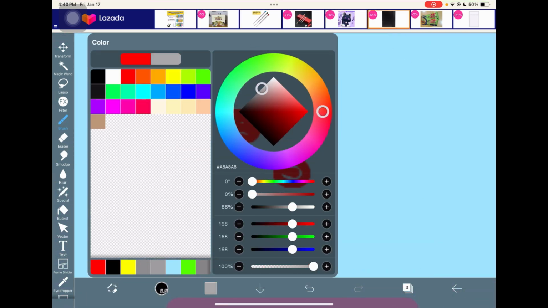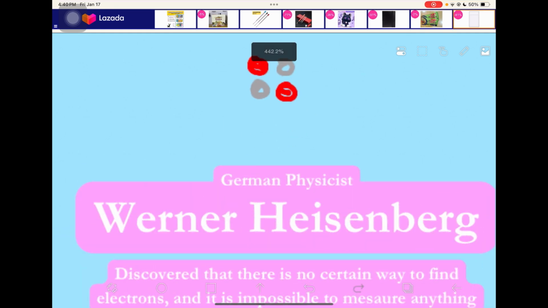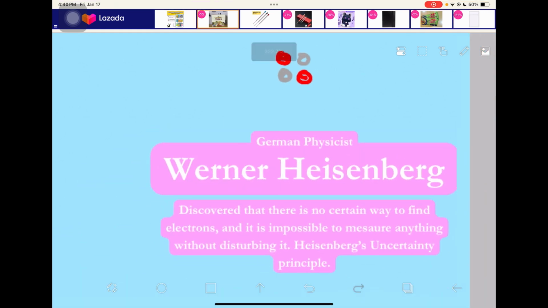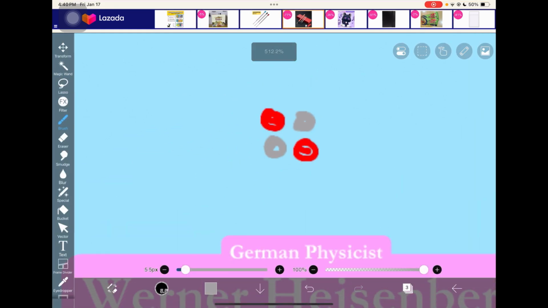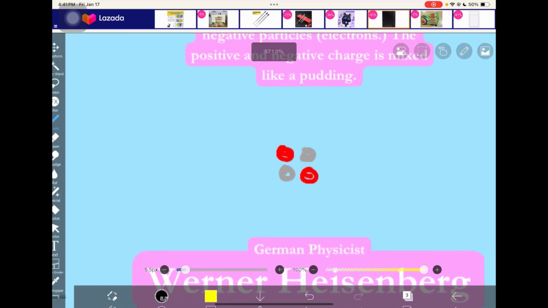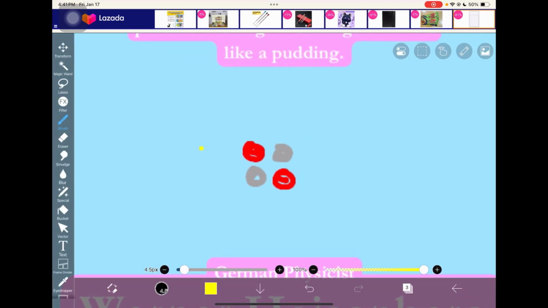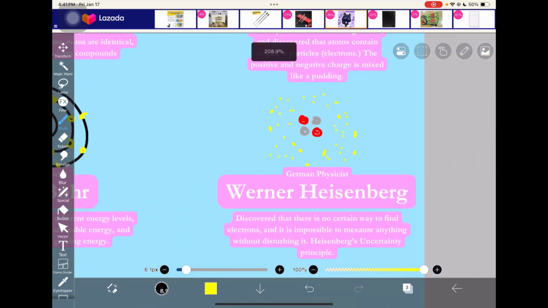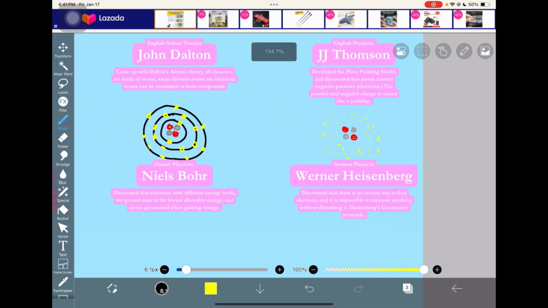You can't measure something without disturbing it. So hence, instead of fixed orbitals, there's nothing fixed to begin with. You've got the nucleus over there, and it's just surrounded by this electron cloud where the electrons could possibly be, in these yellow dots that I'm drawing here, but we don't know for certain.